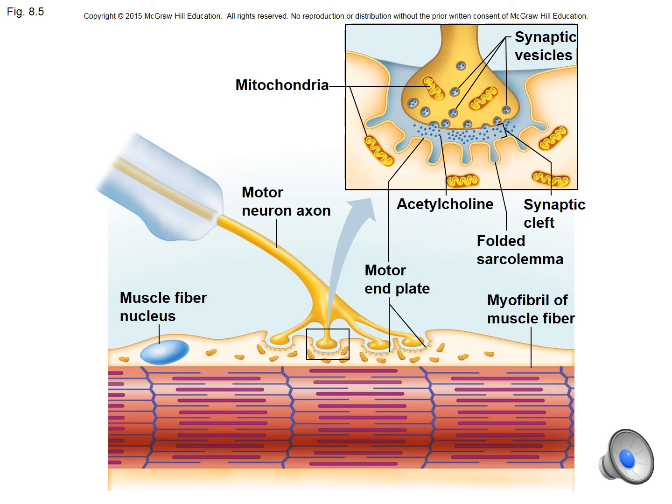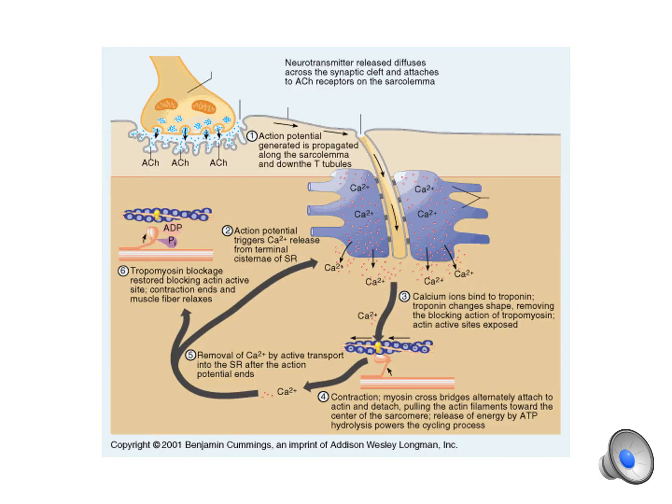Okay, so here is the overview of the connection between that previous picture and what's going to happen with that actin and myosin. So see at the top of the picture where it says neurotransmitter release diffuses across the synaptic cleft and attaches to acetylcholine receptors on the sarcolemma. So we were just talking about that. Now number 1 says action potential.